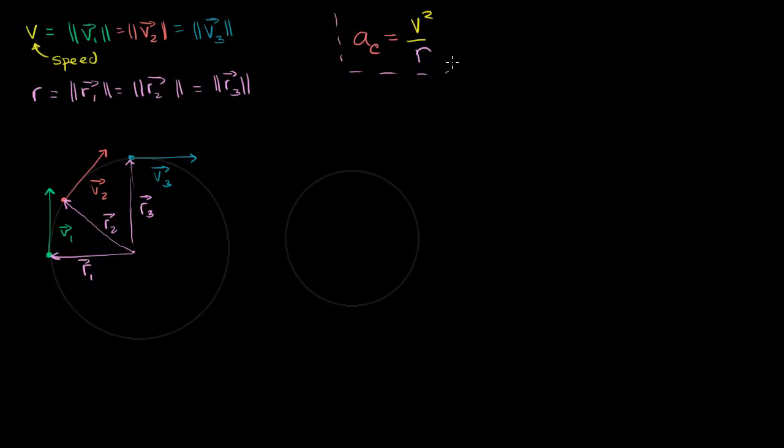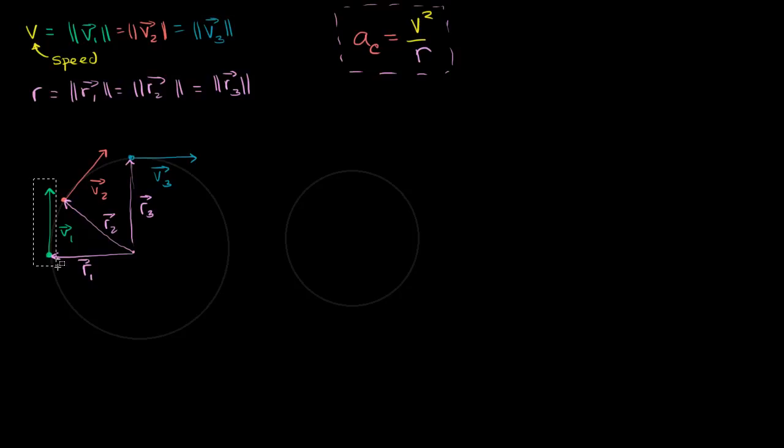This is what I want you to feel good is indeed the case by the end of this video. And to understand that, I want to replot these velocity vectors on another circle and just think about how the vectors themselves are changing.